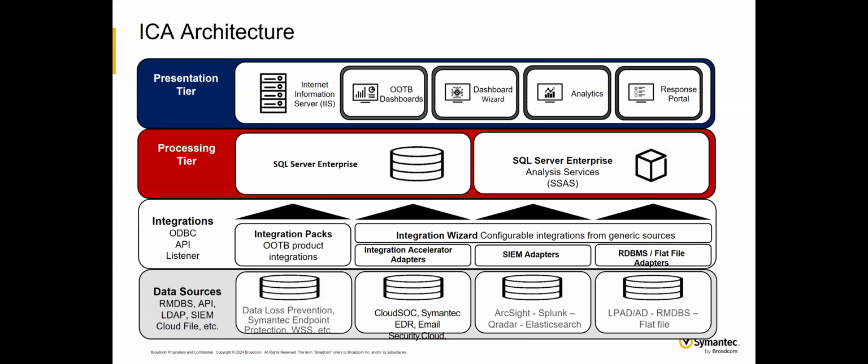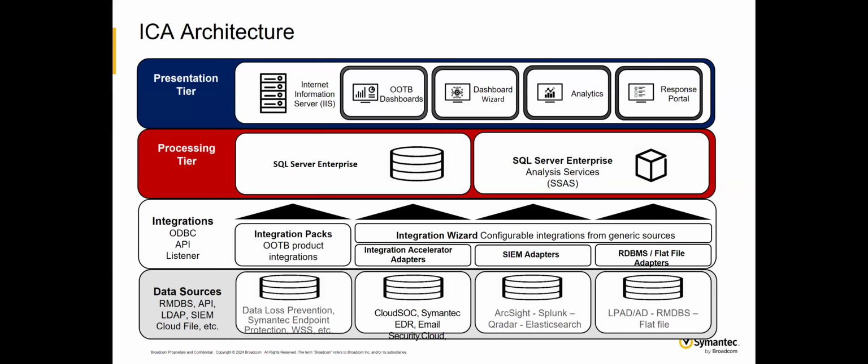So if we go back to tiering on that, a 2-tier ICA is an ICA application server and a combined SQL server, resulting in 2 servers. And then the 3-tier is your ICA application server, a dedicated SQL database server, and a dedicated SQL Analysis server.